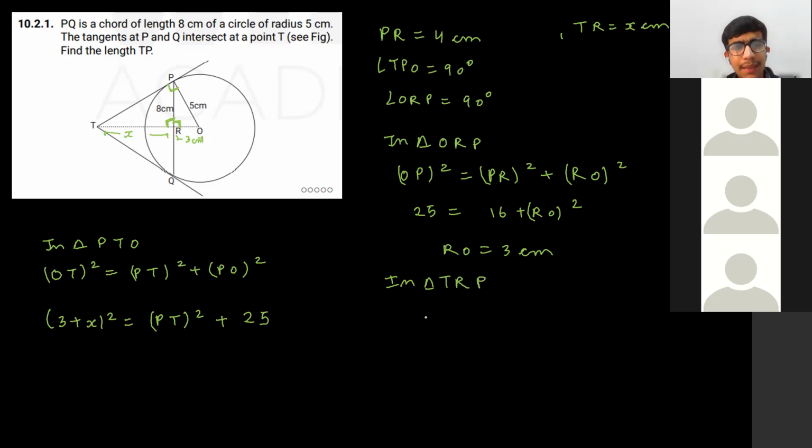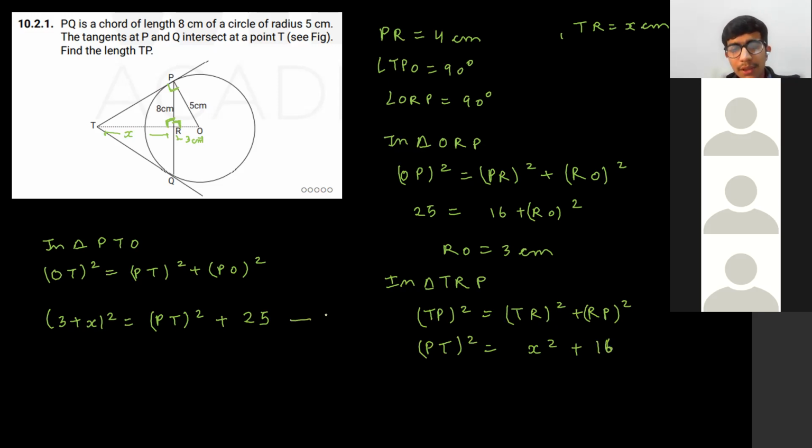So in triangle TRP, can I say TP the whole square is equal to TR square plus RP square? Since TP is same as PT, PT whole square is equal to TR, TR is X, square plus RP. RP is how much? 4, right? So this will be 16.